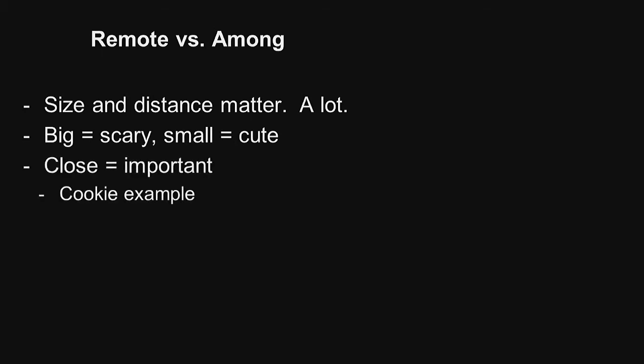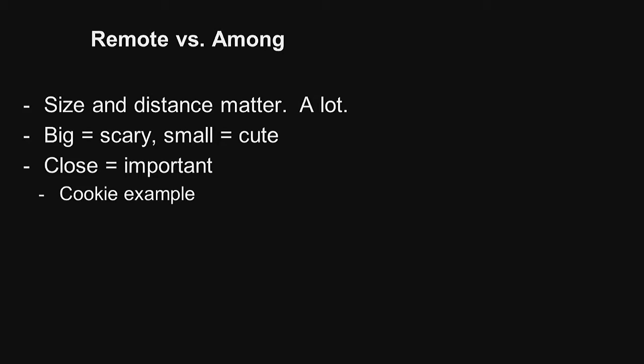Another thing, like I mentioned, is that close is really important to people. There's a great example that these researchers did where they filmed something to do empathy in VR, about a person sitting there trying to decide whether they should commit suicide or not. Next to the person, there's a cookie on a table.